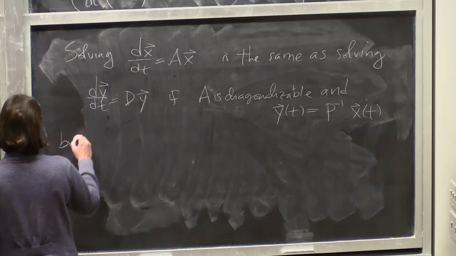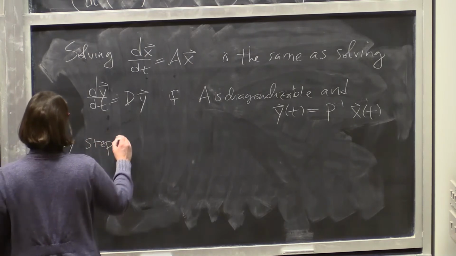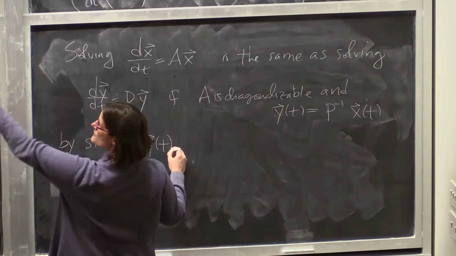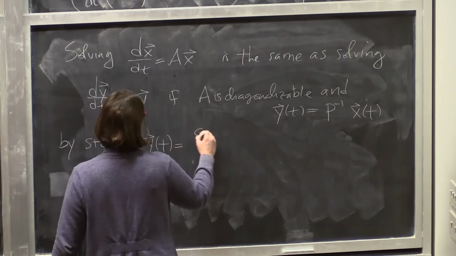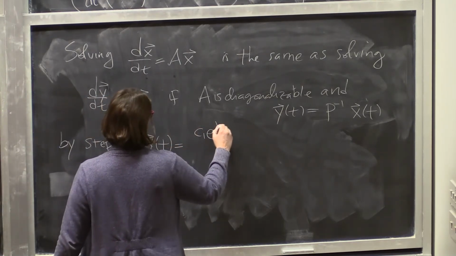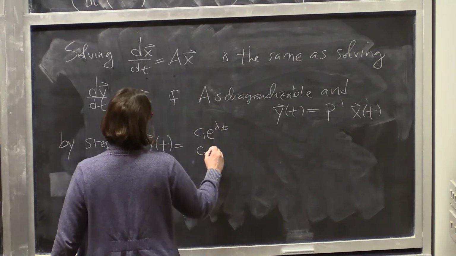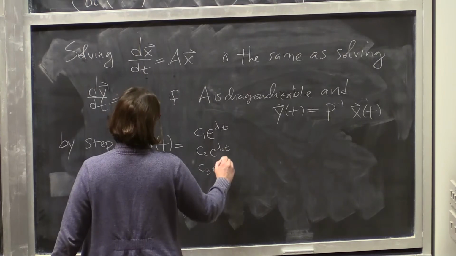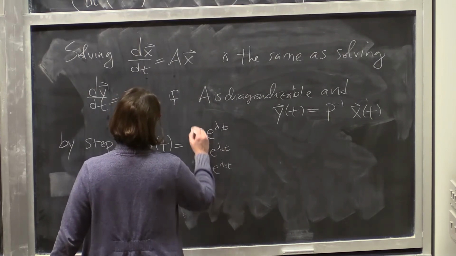By step 2, y of t, so we'll just do the 3 by 3 case, is c1 e to the lambda 1 t, c2 e to the lambda 2 t, c3 e to the lambda 3 t.